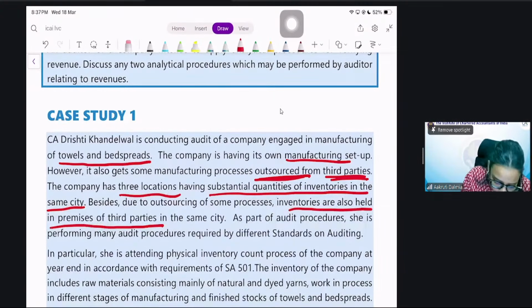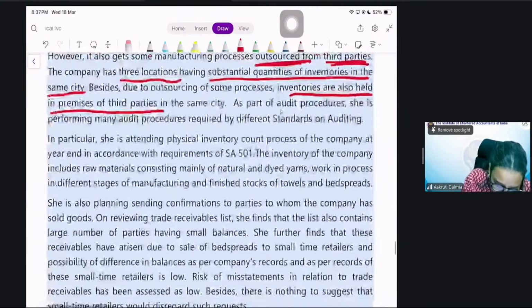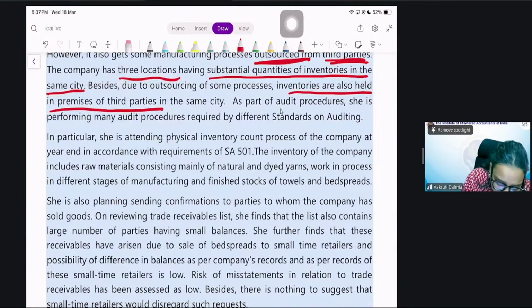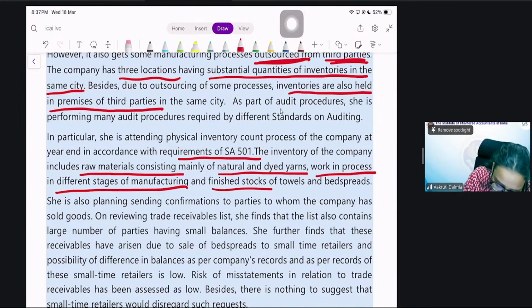As part of audit process, she is performing many audit procedures required by different standards of auditing. In particular, she is attending physical inventory count process of the company at the year end in accordance with the requirement of SA 501. The inventory of the company, including raw material, consists of natural and dyed yarns, work in progress in different stages, and finished stock of towels and bedspreads.